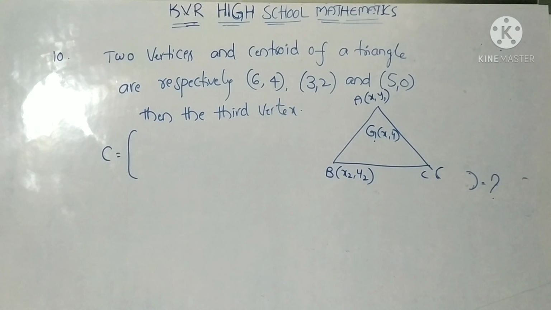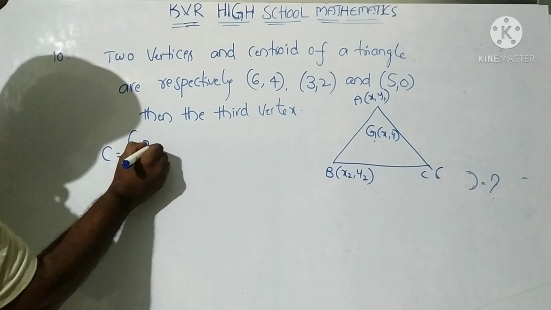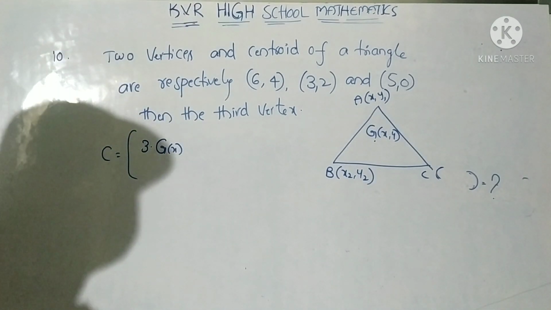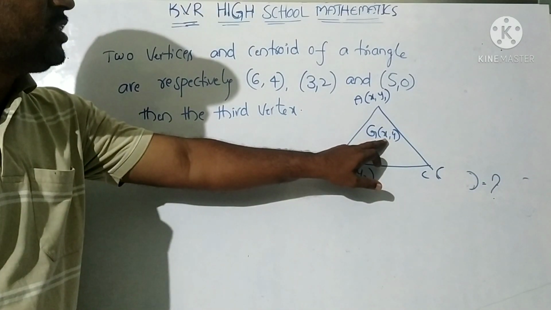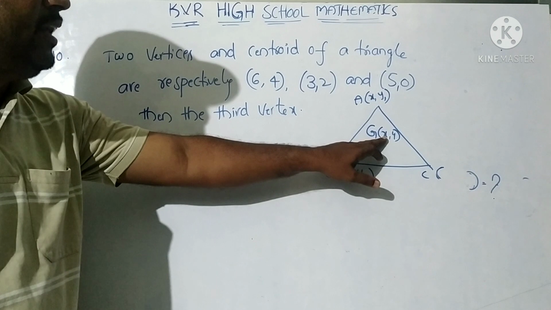So, the third vertex of the triangle, C, equals 3 into gx, where the centroid x coordinate is x.